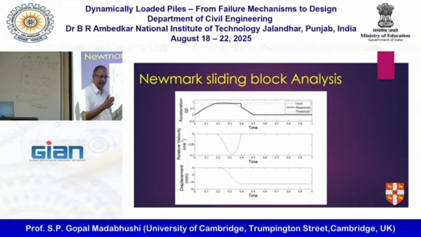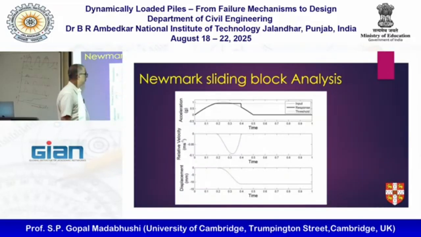Because I'm always adding to the cumulative displacement, you get something like 10, 15 millimeters. This is all at centrifuge scale, so you have to multiply that with n. But that demonstrates the principle of it.